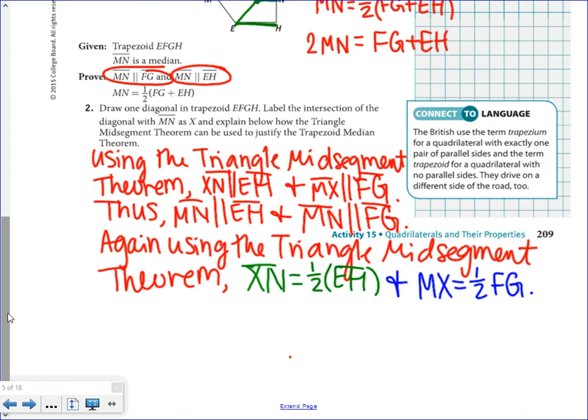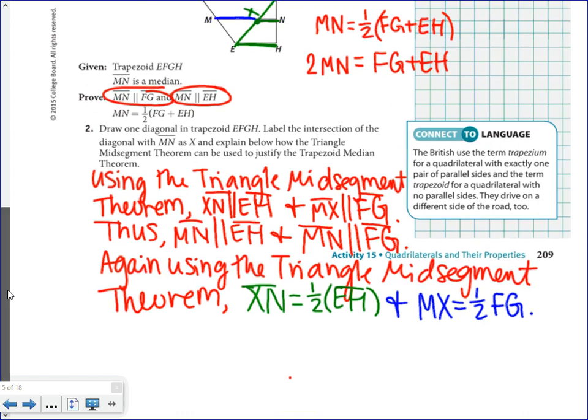Then we also know MX plus XN creates the segment MN by the segment addition postulate. So MN is going to equal MX plus XN.